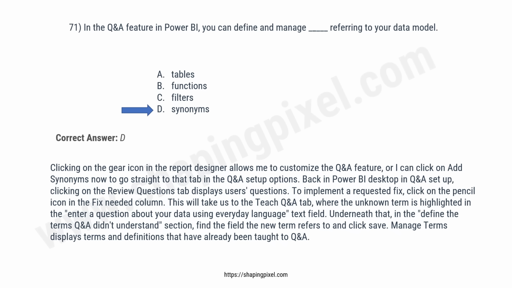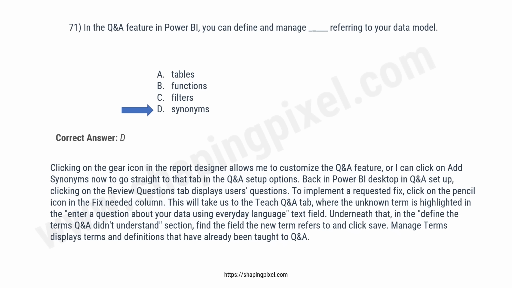Clicking on the gear icon in the report designer allows me to customize the Q&A feature, or I can click on add synonyms now to go straight to the tab in the Q&A setup option. Back in Power BI Desktop in Q&A setup, clicking on the review questions tab displays users' questions. So to implement a requested fix, click on the pencil icon in the fix needed column.